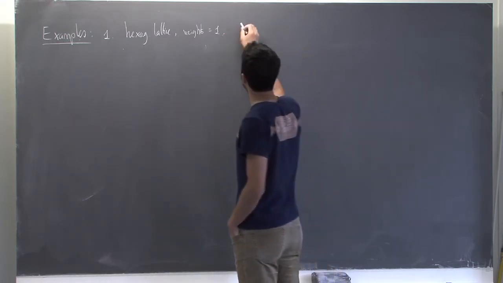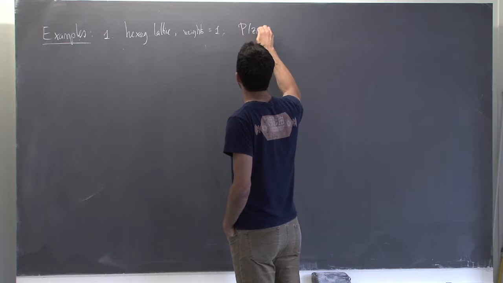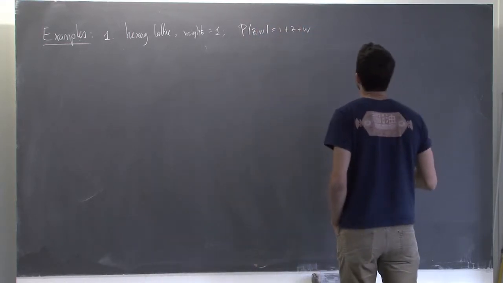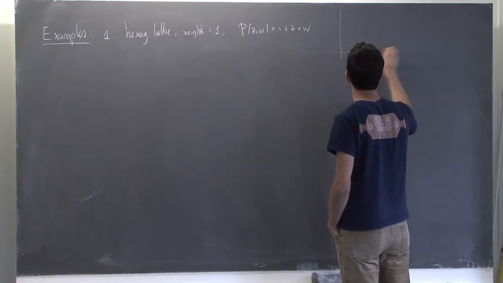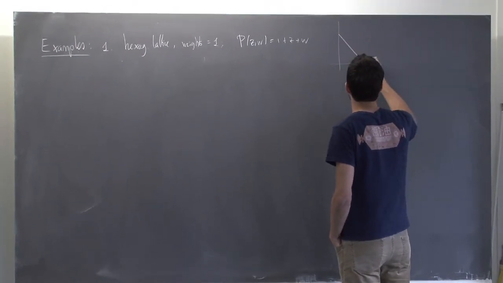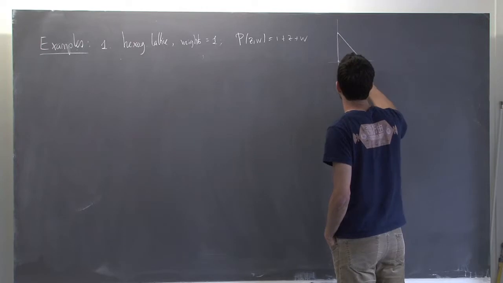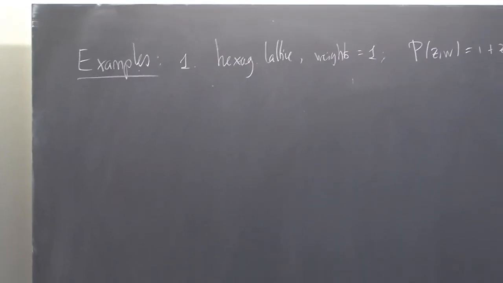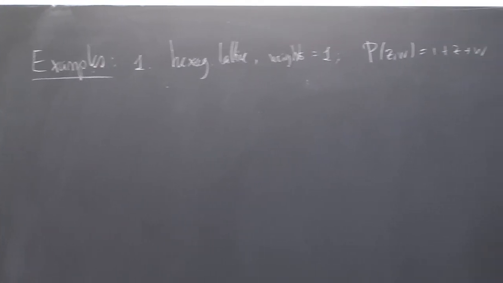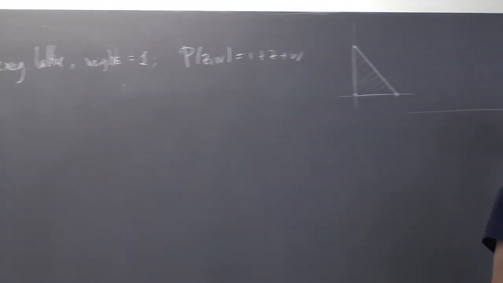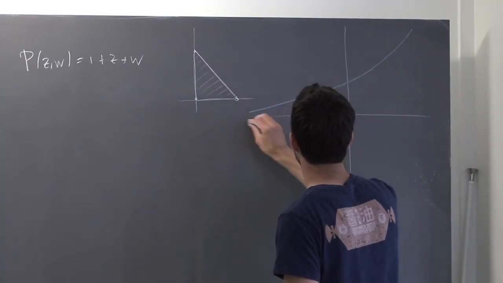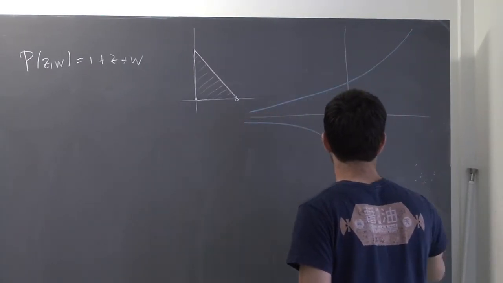Then we know P(Z,W) is 1 plus Z plus W. So we have this Newton polygon, and the corresponding amoeba looks something like that.